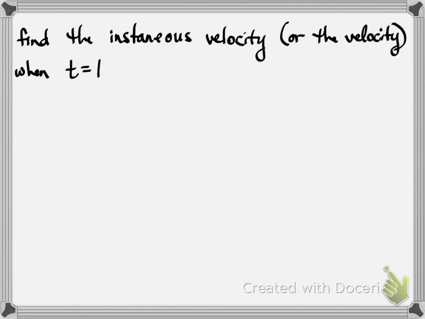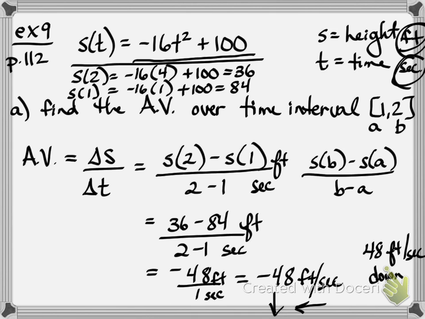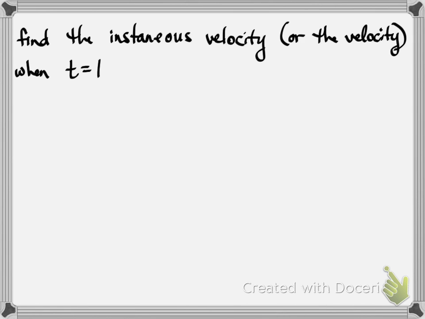Okay, so now they're extending this thinking a little bit, and they're saying, let's find the instantaneous velocity, or just the velocity, when t is 1. Let's find its speed exactly at 1 second. How fast is it dropping? Well, that would just be 1 point, not an interval between 1 and 2 where we have two different values.